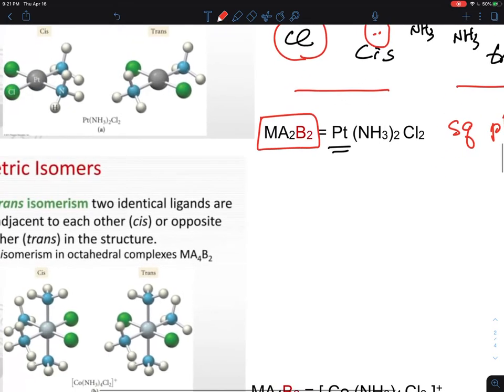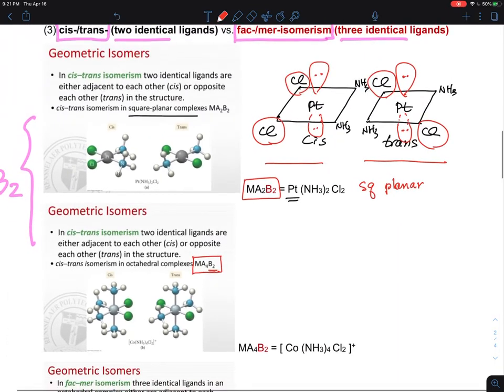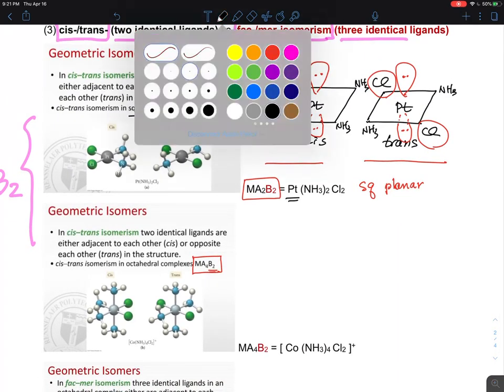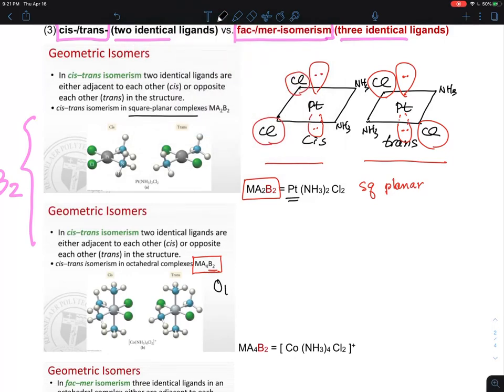But when it comes down to MA4B2, we can focus on this B2, whether on the same side or on the opposite side. First, I can see that this one should have an octahedral geometry. So I'm going to place a square, put it upside and put a pole there within the square.